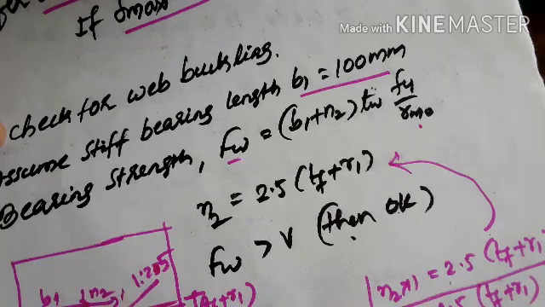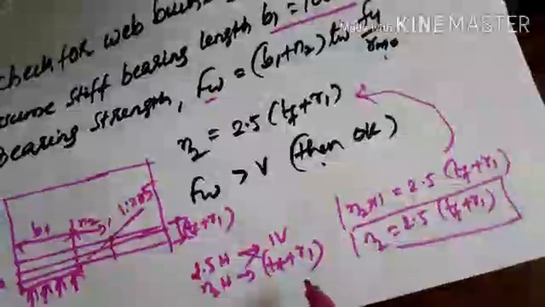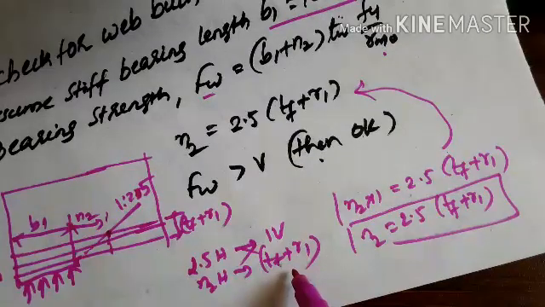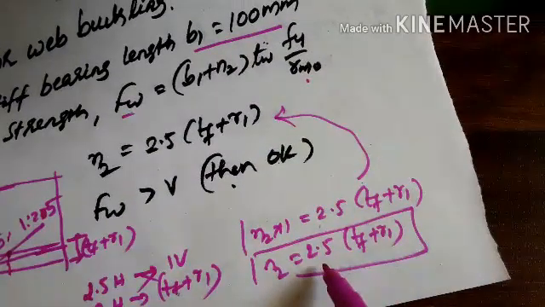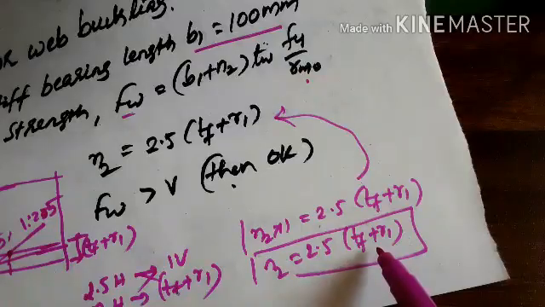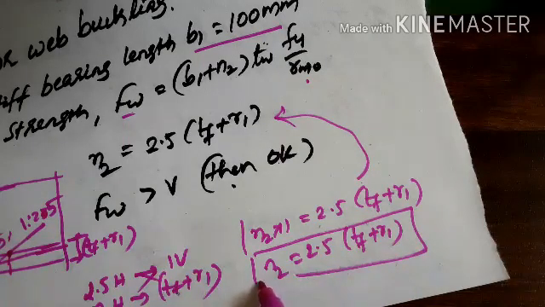If n2 is taken up to here, then for n2 horizontal the vertical will be tf plus r1, and cross multiplying you get n2 equal to 2.5 into (tf plus r1).